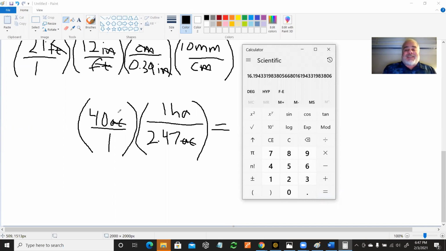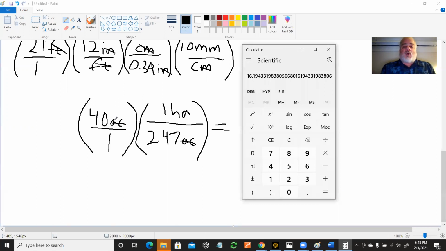And really, I don't know, is that 40 like to the nearest 10 acres? I hope not. But when it ends in a zero, you're not 100% sure what the significant figures are. But don't worry about that. If anybody's interested to learn more about significant figures, let me know. We can have a Zoom meeting about it.